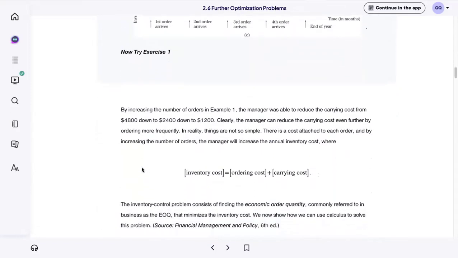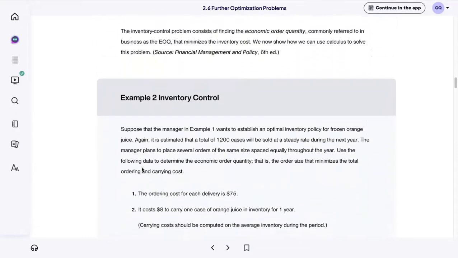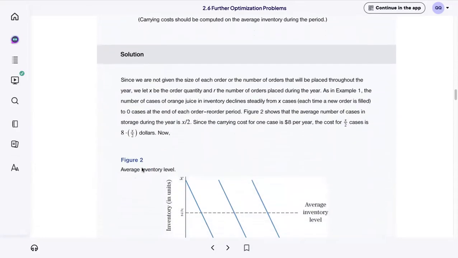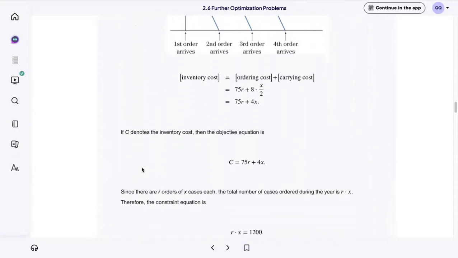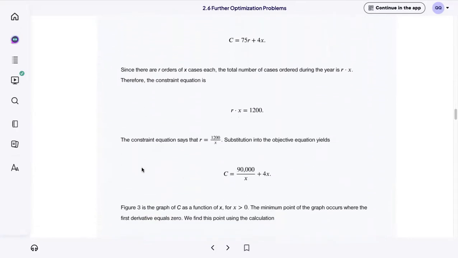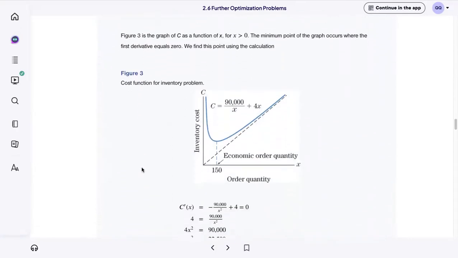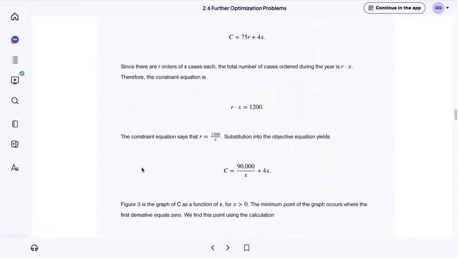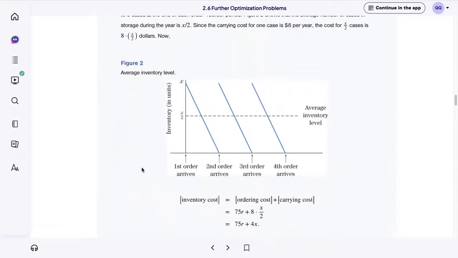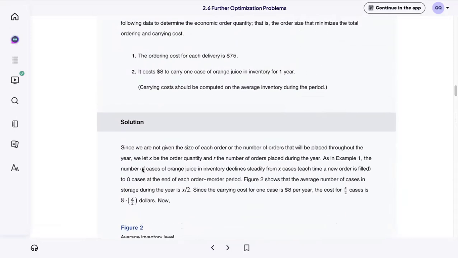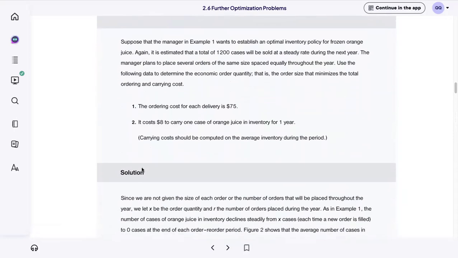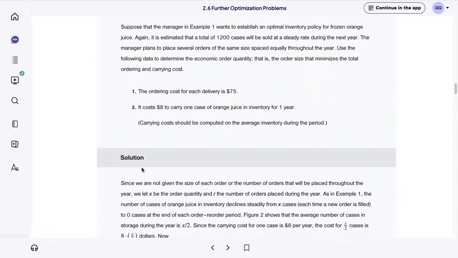Okay, so let's see where we use derivatives. Let's see the second example, still inventory control.